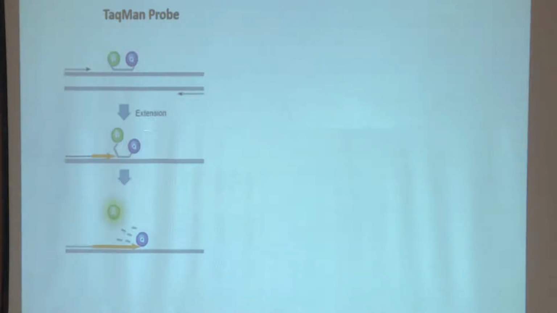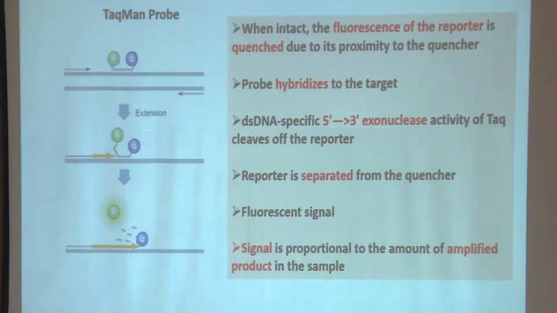The probe has got two components, one written as R, another one written as Q. Somewhere down the lane you are seeing these two are separated from each other. Keep in your mind. Now you go through the statements. When the fluorescence of the reporter, this is the reporter, is quenched. What do you mean by quenching?